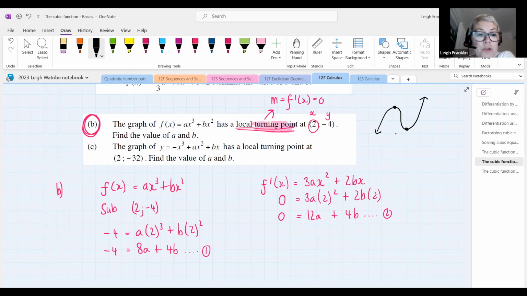Subbing in the 2 and the -4 is fairly easy. But because they told you it's the turning point, you took the derivative. Remember, the first derivative is the gradient. Okay, so at the turning point, the gradient is 0.